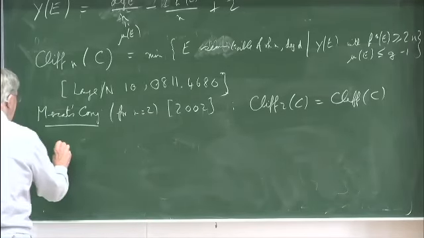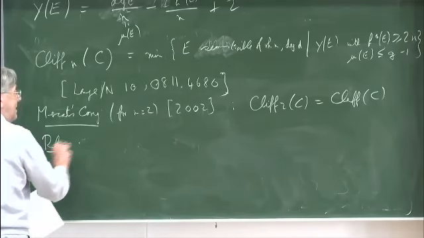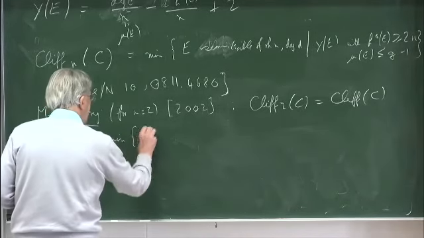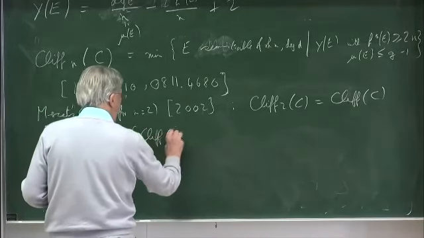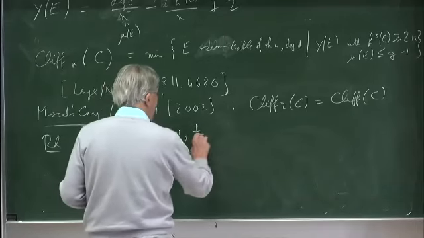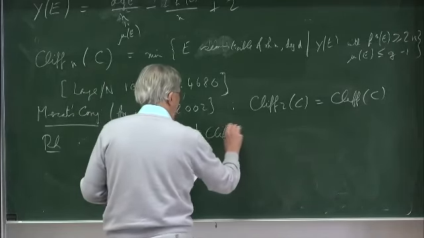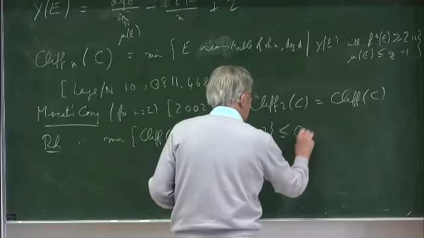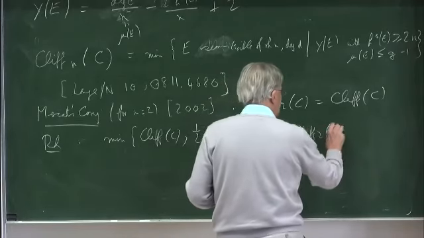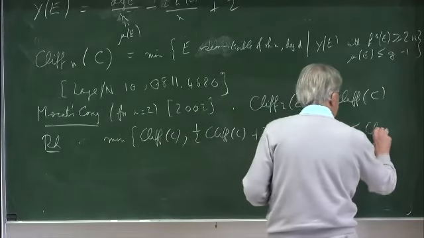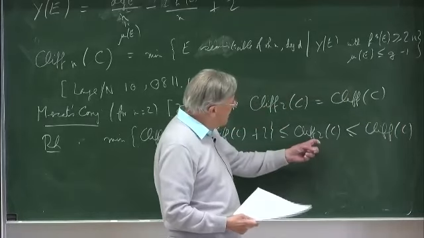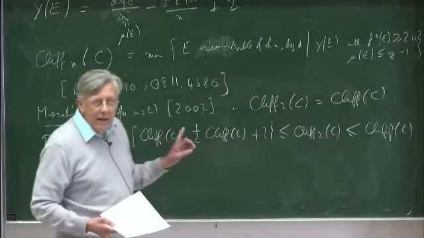I should remark, perhaps, that it is always true that the minimum of Cliff C and 1/2 Cliff C plus 2 is less than or equal to Cliff 2C, which is less than or equal to Cliff C. The inequality Cliff 2C, and indeed Cliff nC, less than or equal to Cliff C is immediate.